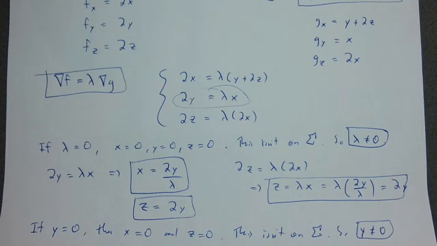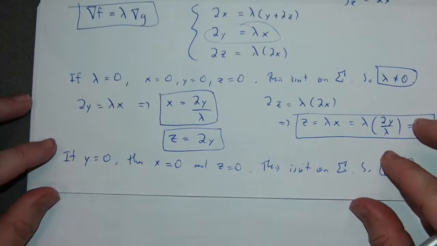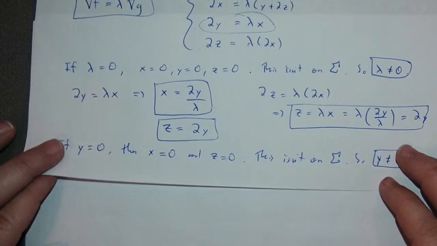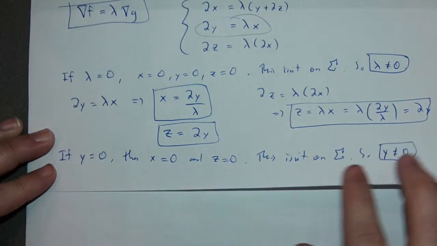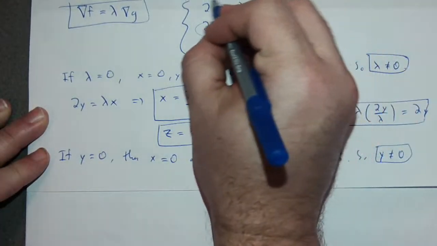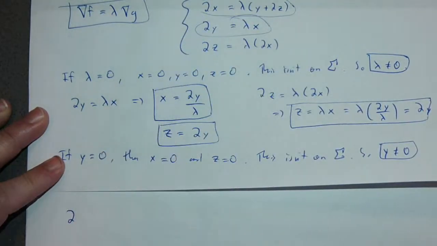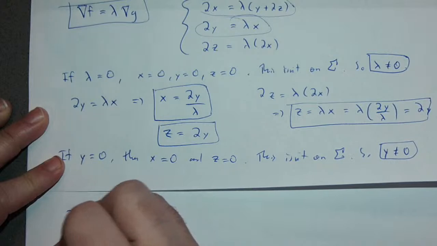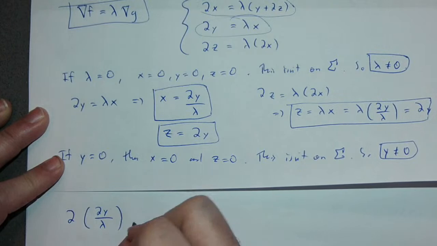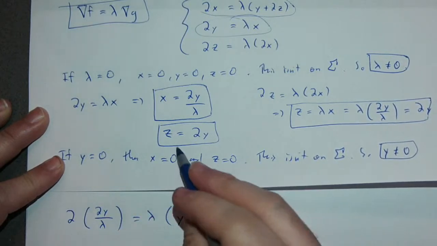Why do I want to divide by it here? Let me leave this on while I do some work just a little bit below. Down here, I want to use the last equation I haven't used, which is this first one. So that is 2 times x. x is 2y over lambda. And this is equal to lambda times y plus 2z.